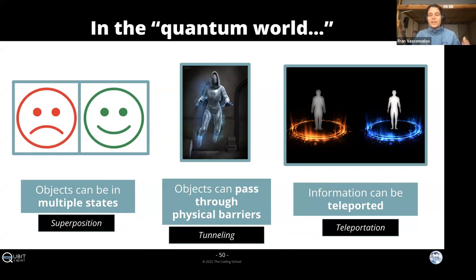It turns out that in the quantum world, you can actually teleport information over large distances, just like you see in those science fiction movies. So all of these are really strange, but cool and awesome properties that we really only see at the quantum level. And in quantum computing, we'll see that we leverage a lot of these properties.